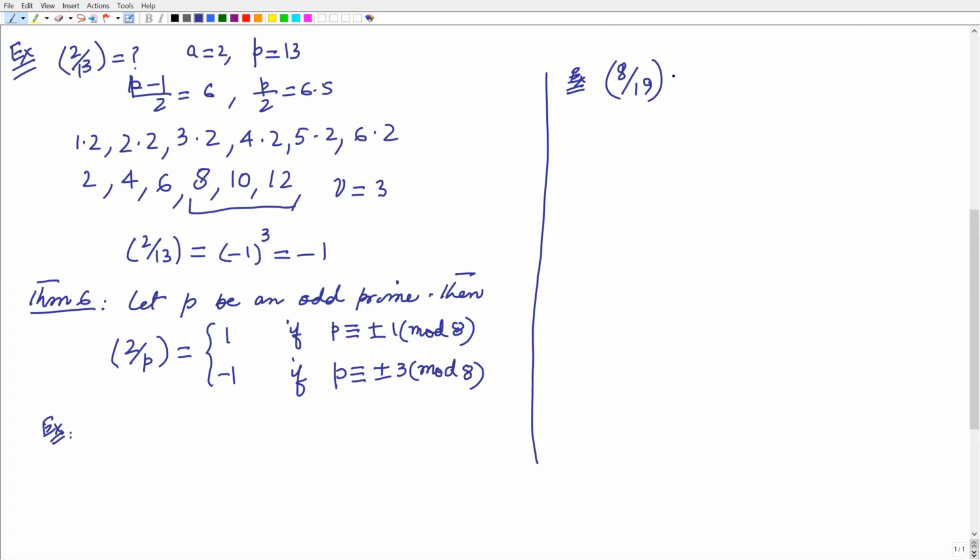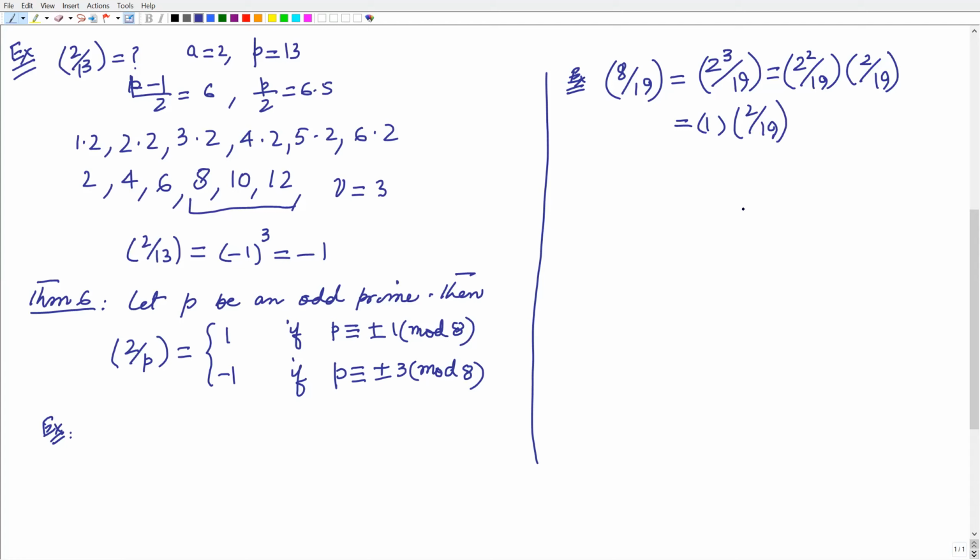This can be written as 2 cubed over 19, and this can be written as 2 squared over 19 times 2 over 19. We know that the Legendre symbol of 2 squared over a prime is 1. So this is 1 times 2 over 19. And what about 2 over 19?